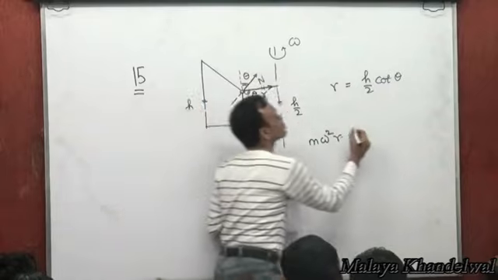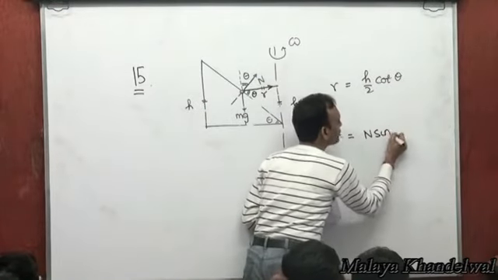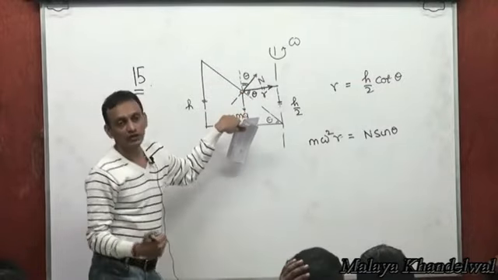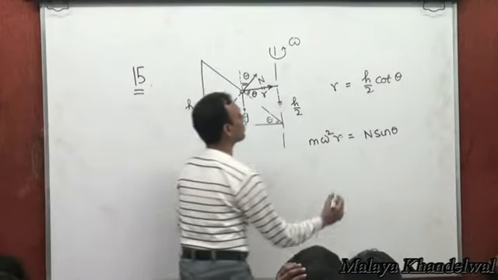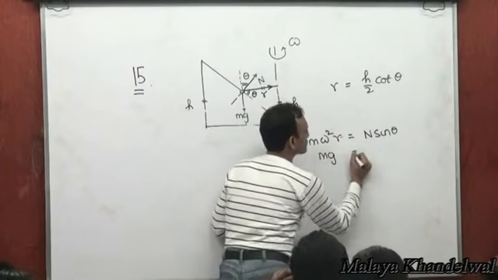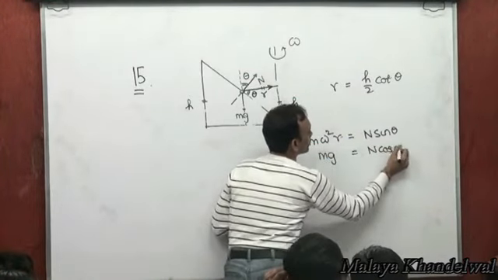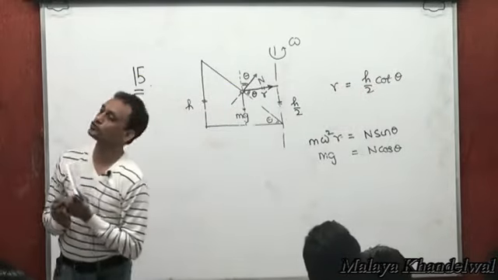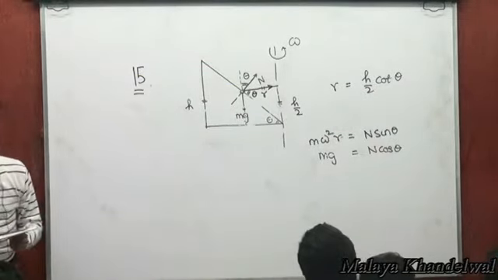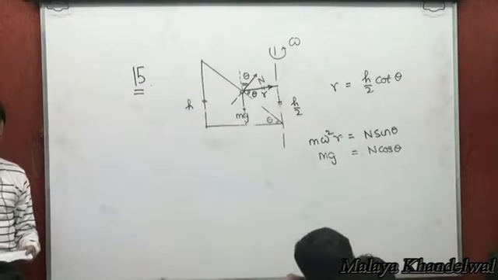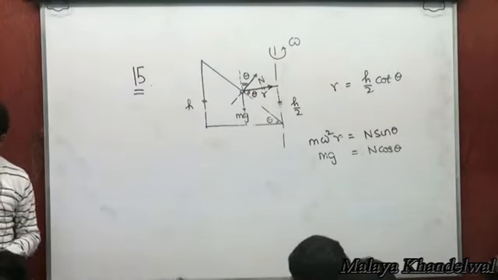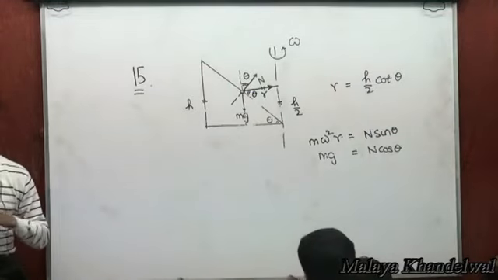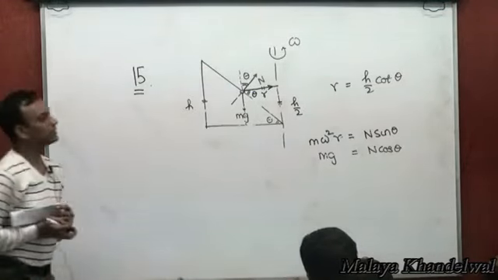N sin theta is instrumental in accounting for this. And then what does N cos theta do? It balances weight, right? N cos theta balances weight. So you divide this by this and put r equal to h by 2 cot theta, etc. Fair enough?